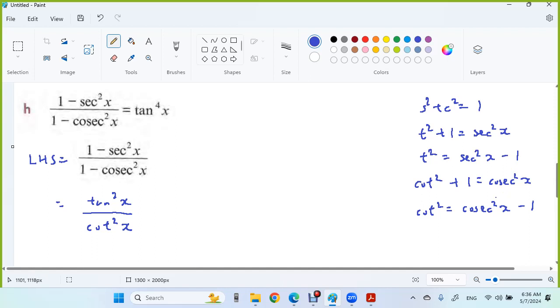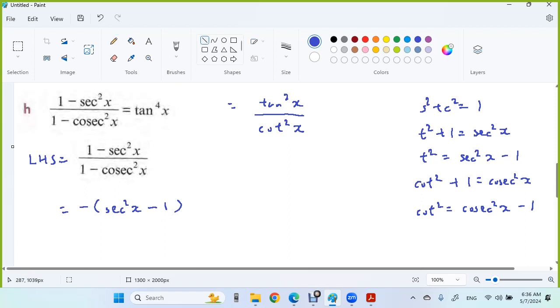Okay, so this one is actually negative of secant square x minus 1 over the negative of cosecant square minus 1.